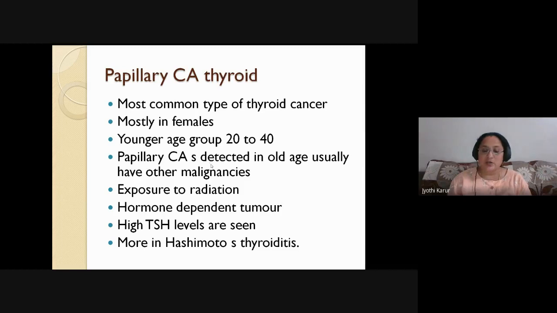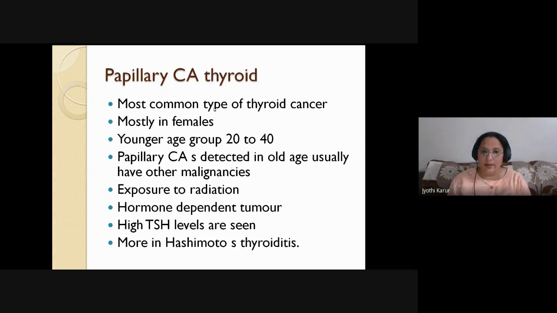If you pick up papillary carcinoma in an older age group, that is 40 plus, you have to search for other malignancies also. This patient typically gives a history of exposure to radiation. And a famous statement in Bailey and Love: whenever there is carcinoma in iodine sufficient areas, it is probably papillary carcinoma of thyroid, whereas in iodine depleted areas, it is the follicular variant.